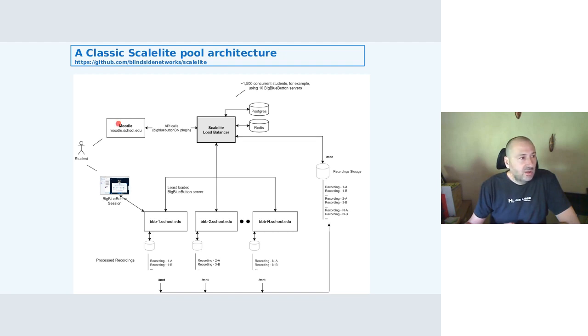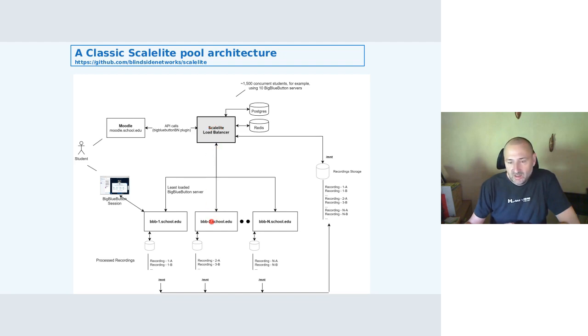Here you see the usage is as follows. A client application for BigBlueButton. You see Moodle on the diagram here, but it could be a Nextcloud plugin or WordPress plugin or Greenlight, or even B3 Desk, which was developed by the French Ministry of Education, that connects to Scalelight and requests the creation of a video conference room.